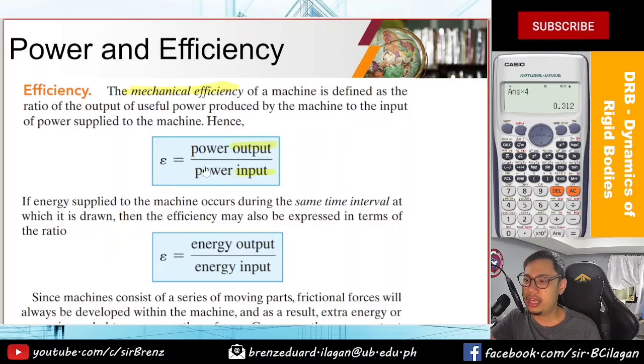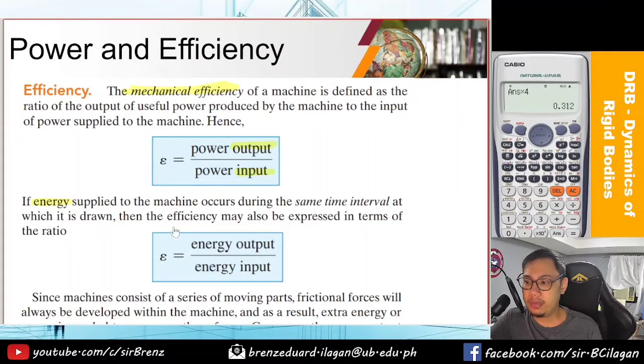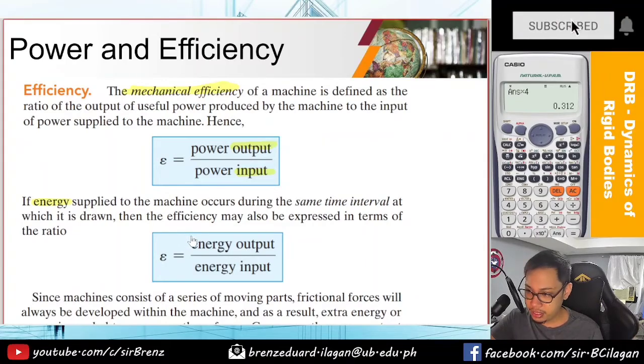It's either power or energy. Whenever we say efficiency, it's output over input. And if we're talking about energy, if the energy supplied to the machine occurs during the same interval at which it is drawn, then the efficiency may also be expressed as the ratio of output over input.